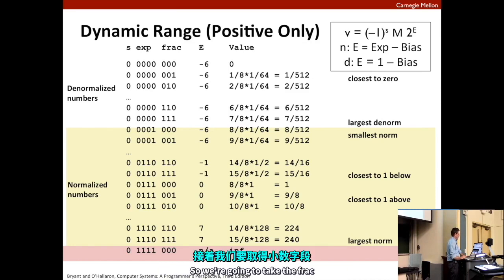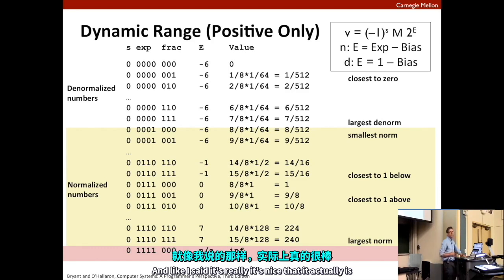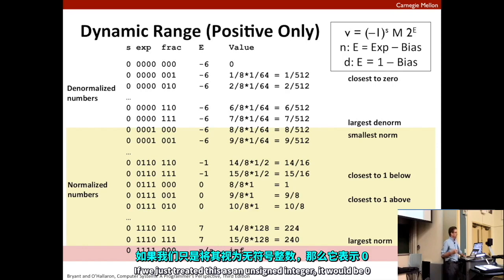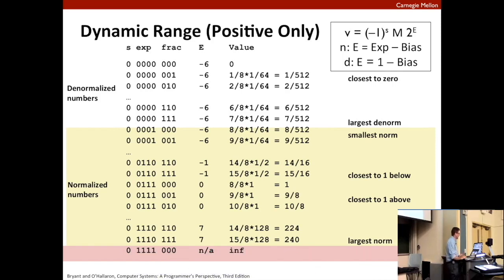So we're going to take the bits in the frac field, times... so m is 0. So m in this case is 0 times 2 to the minus 6 gives us 0. So this is our representation of 0. And like I said, it's nice that if we just treated this as an unsigned integer, it would be 0. So that's kind of pleasing.